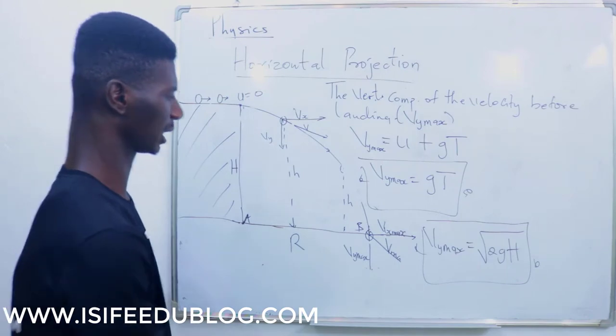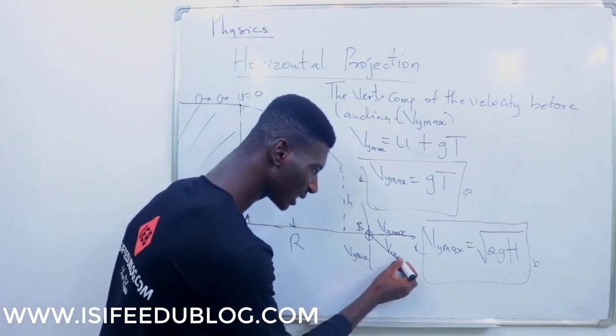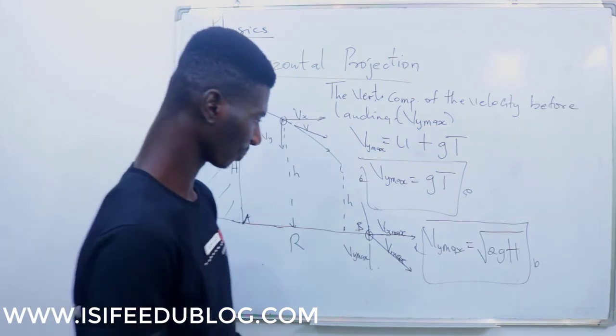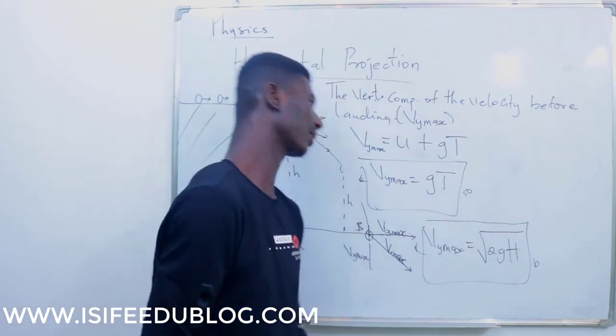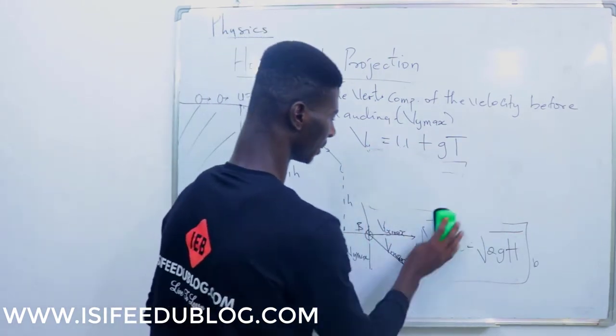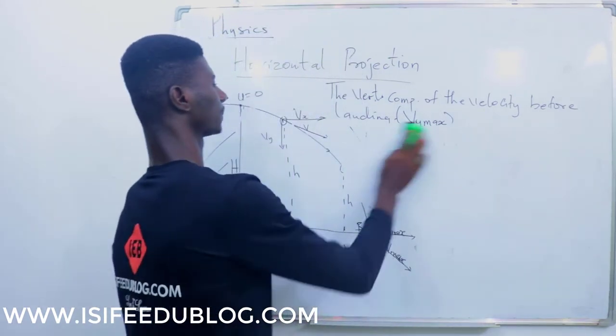Okay, now the next is, how do you get the velocity before hitting the ground itself, which is Vmax? The velocity before hitting the ground is still similar to the previous one.